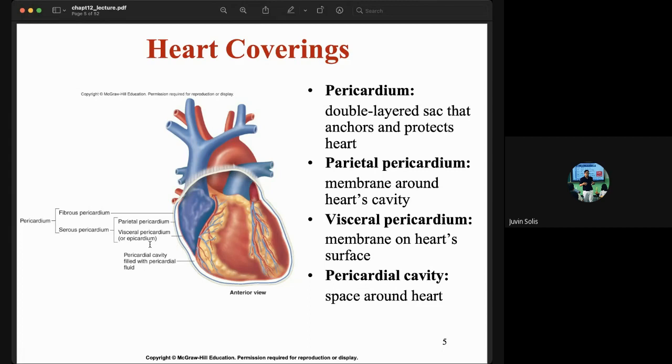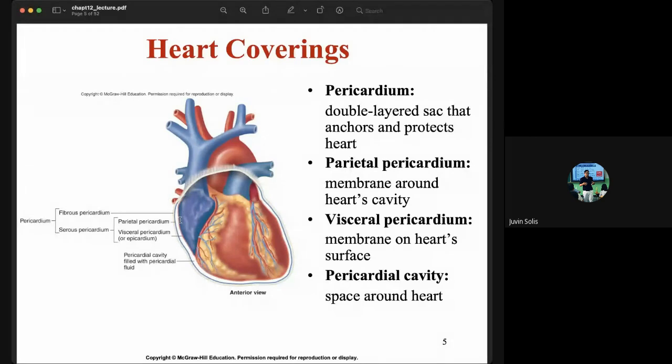And then your visceral pericardium or your epicardium, the membrane on the heart's surface. So ito na yung sa mismong heart natin. Now, in between your parietal and your visceral, that is what we call your pericardial cavity, which is the white part here, okay? The outermost lining of the heart, your pericardium.